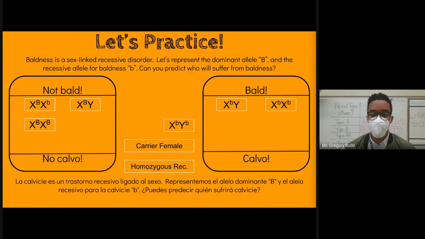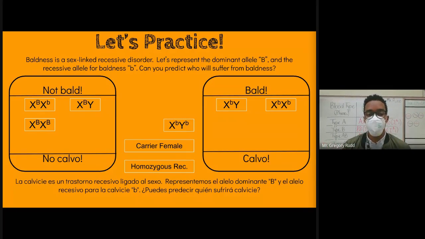Right, exactly. This person is male, so we shouldn't have that second b there. We shouldn't have anything on the Y chromosome. The Y chromosome does not carry these sex-linked traits. So X lowercase b, Y lowercase b, that's not possible. Trick question on that one.